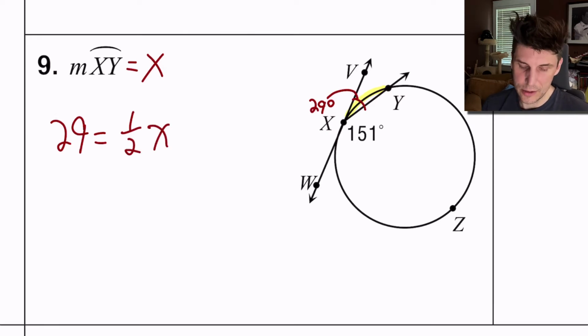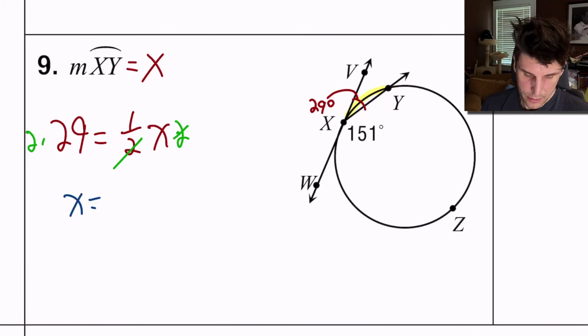It's x. I like to use x. You could literally write the measure of xy if you want, but multiply both sides by 2. So 2 times 29 is going to be the same thing as 40 plus 18, which is 58. 58 degrees.